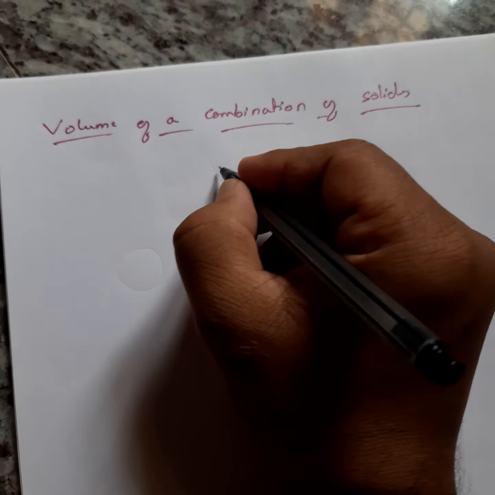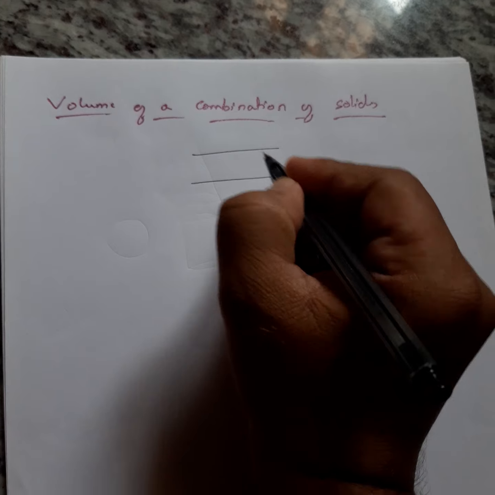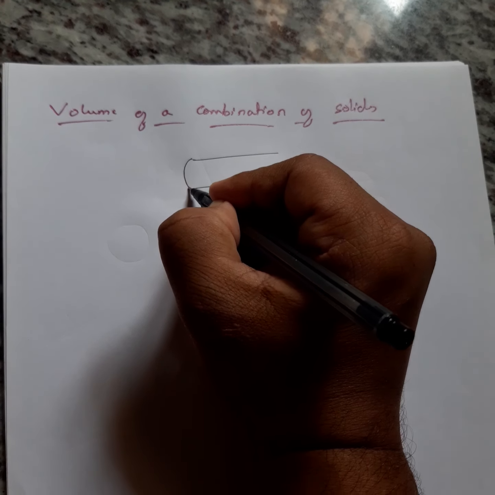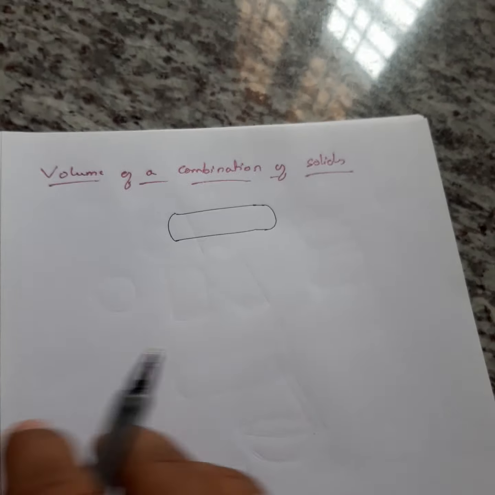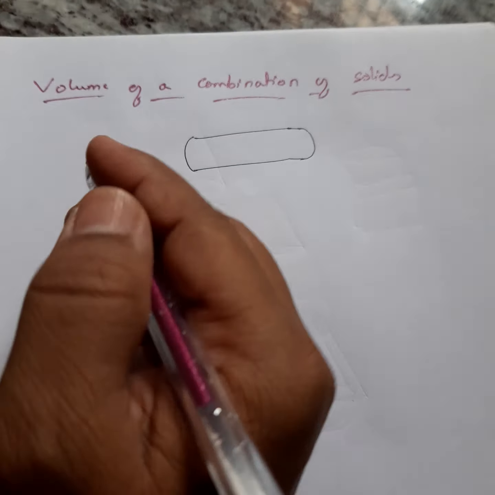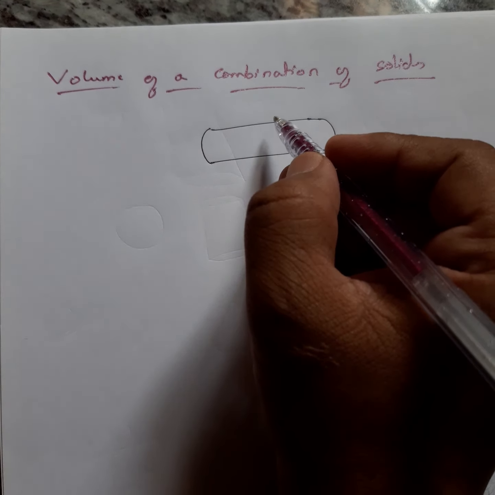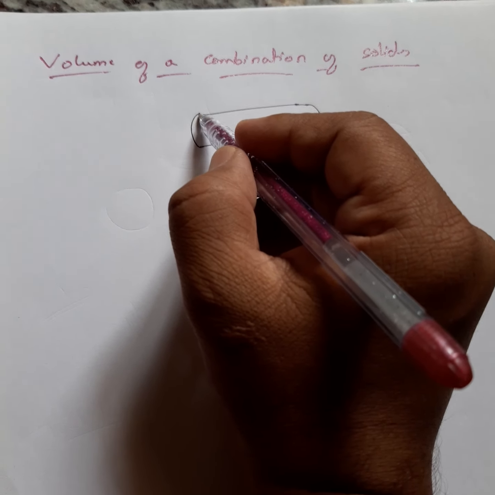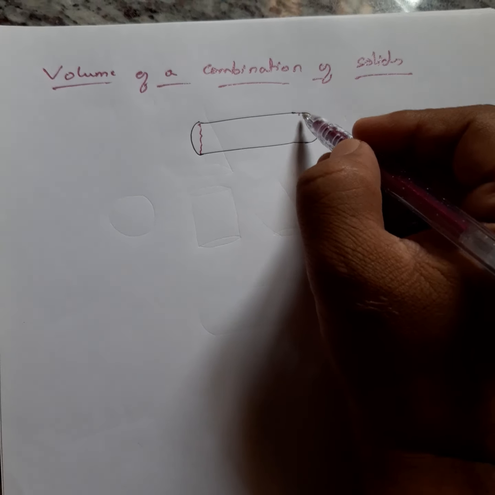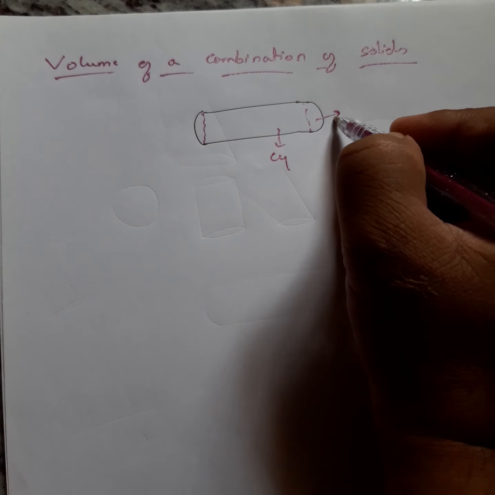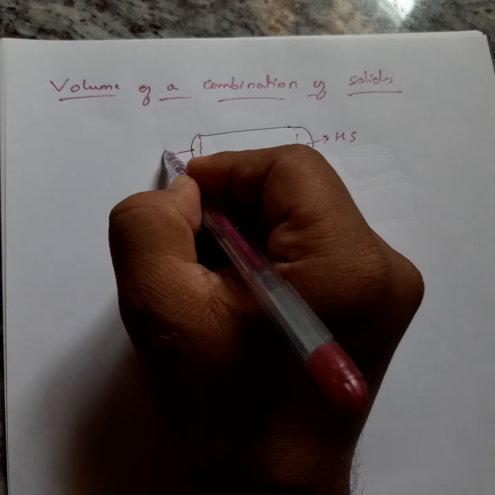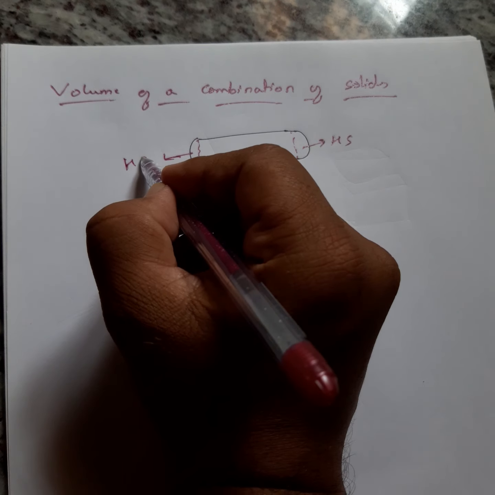Again, I'm going to take the basic example, that is the tanker. If I want to find out the volume of this combination, it has three parts again. It has a cylinder, a hemisphere, and this is also having another hemisphere.